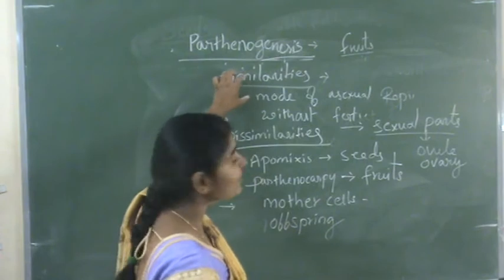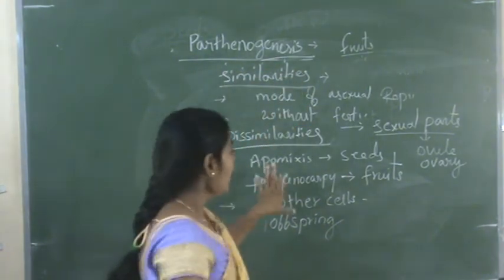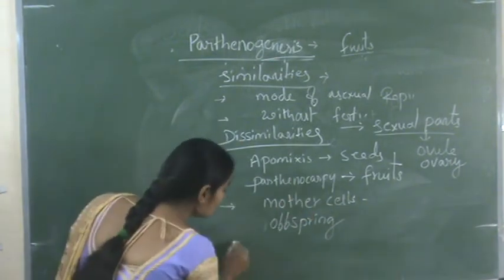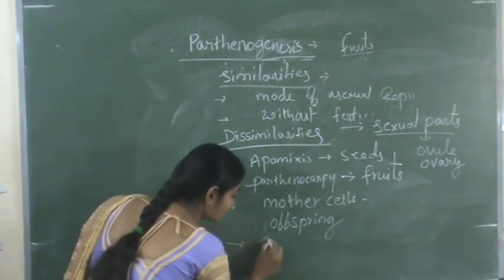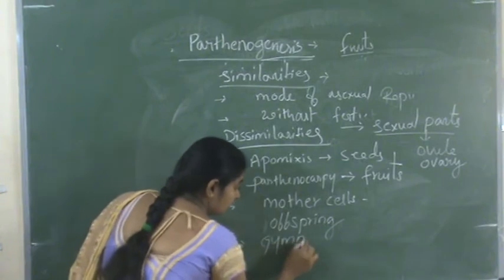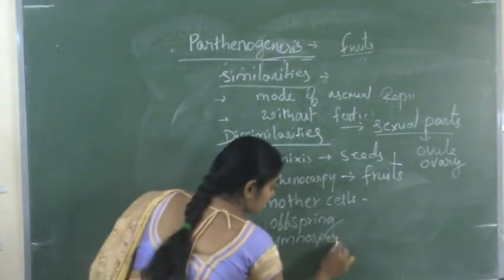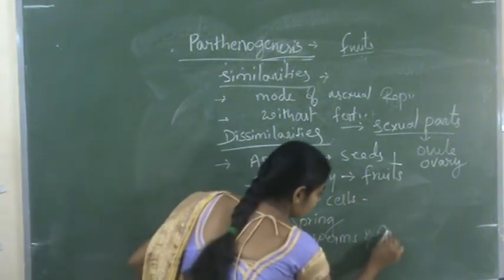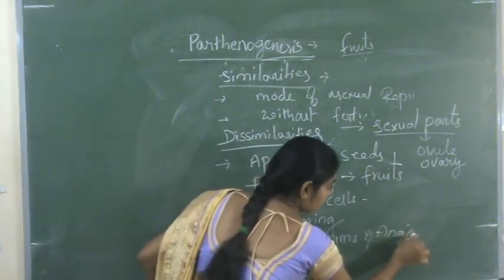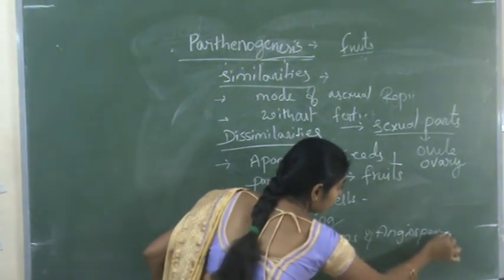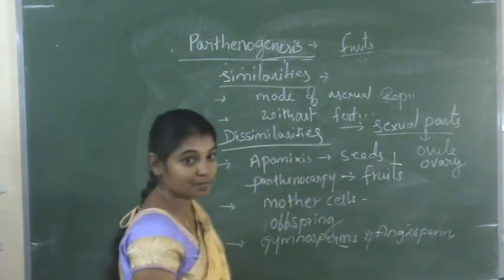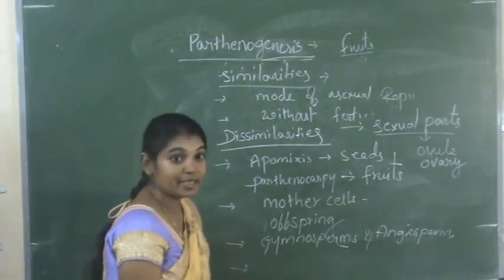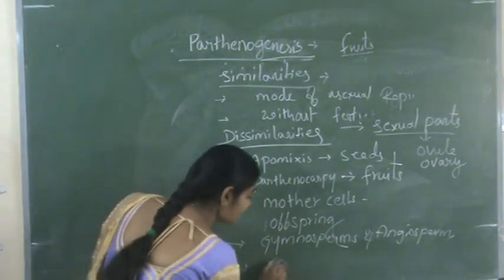So these are the two important aspects, apomixis and parthenocarpy. Apomixis is seen in gymnosperms and angiosperms, but is most common in gymnosperms. Parthenocarpy is seen in plants and animals.